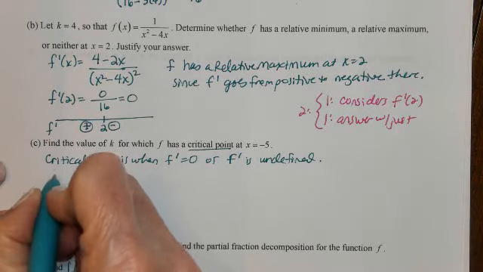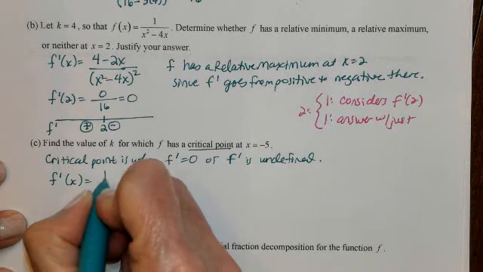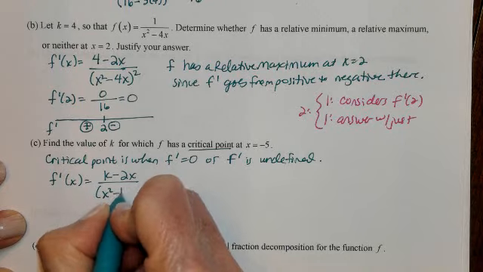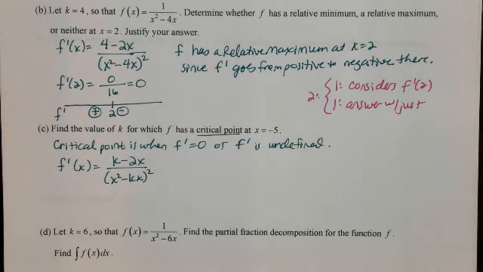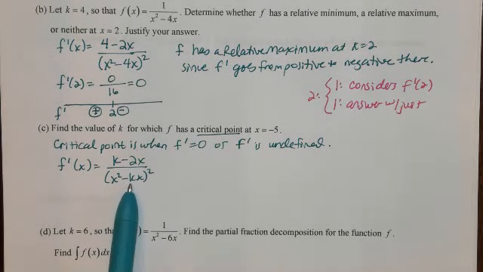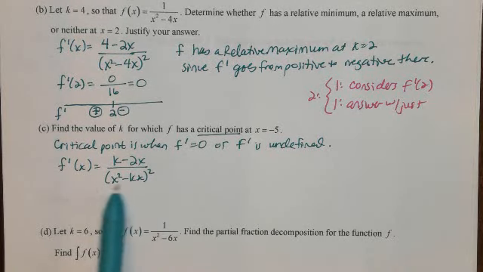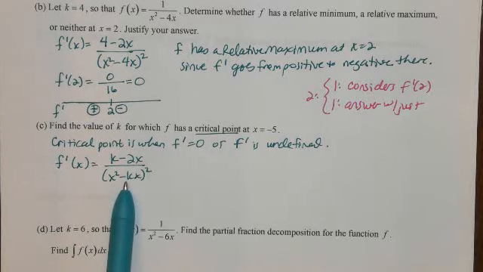So I'm going to take the f prime that they give me, and first of all I'm going to consider, is there a value of k that makes the denominator 0? And there is a value of k that makes this denominator 0.